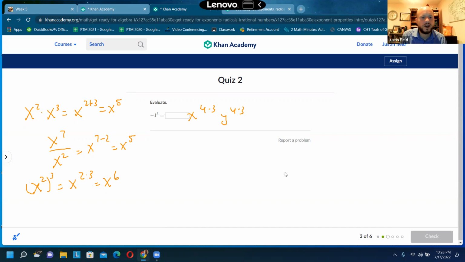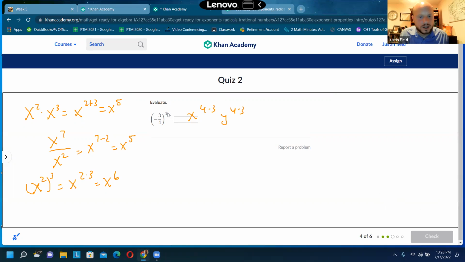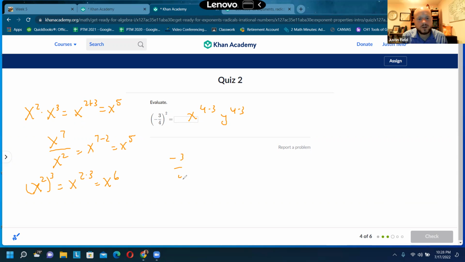Evaluate -1 to the 5th. -1 times itself 5 times would be -1. This we are multiplying. So what does that mean? That just means -3/4 times -3/4. That's 9/16.